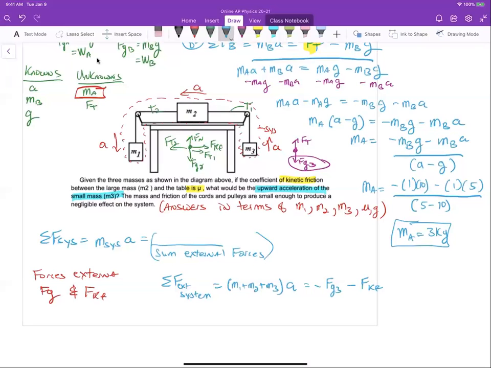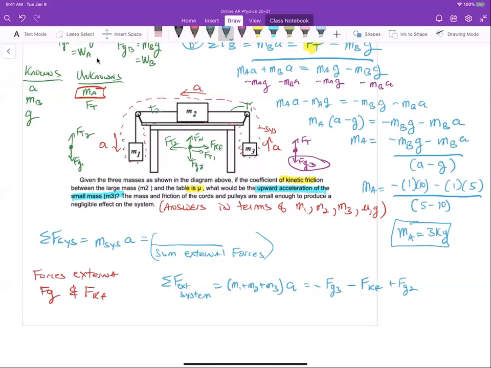Now I go to mass 1, and if I look at the forces acting on it, I have this FT2. There's only one external force acting on mass 1 that's in the direction of acceleration, so it's a positive, and that would be plus FG2.